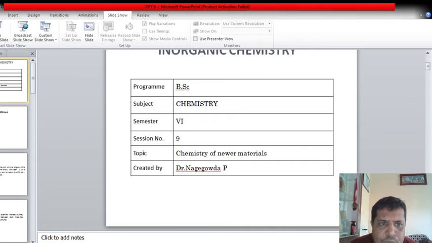Continuing from that, we have different methods for the production of nanomaterials. I already told you we have mainly five methods available for the production of nanomaterials.